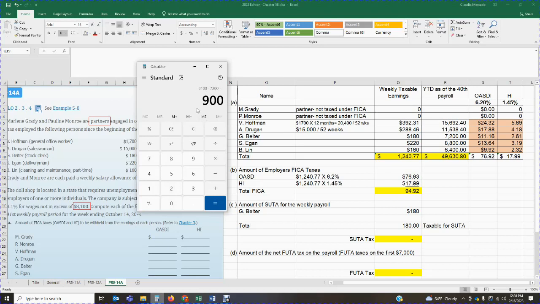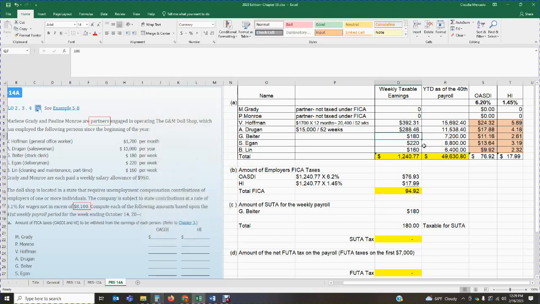So Beater still has $900 of earnings that are going to be taxable. So the 180 from this week will definitely be taxable. So after this week, he still needs to pay SUTA taxes on $720. So all of the wages for this week will be taxable for SUTA purposes.